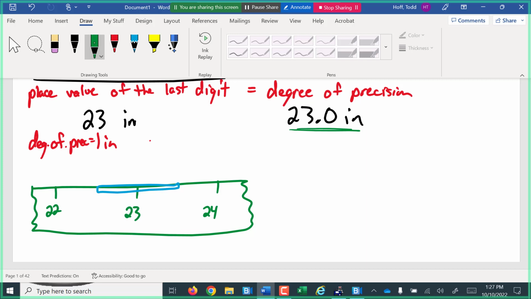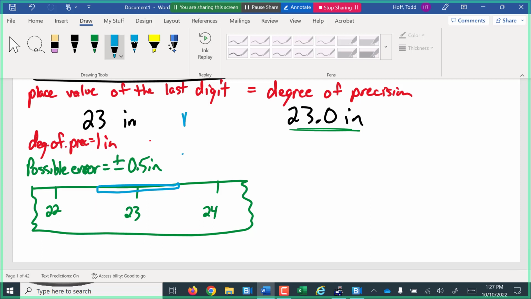So that means the possible error is plus or minus half of 1 inch, or half an inch, or 0.5 inches.